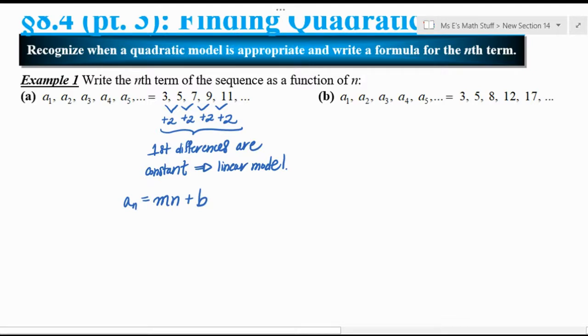And then you could have basically taken these points, right? So that 3 that you have there, that's like saying a sub 1 is 3, right? And so if you put 1 in for all the n's, and then n would be plus b, and then a sub 1 is 3, and then you could simplify this, and it would say 3 equals m plus b, which is 2 unknowns, and so you'll need 2 equations.